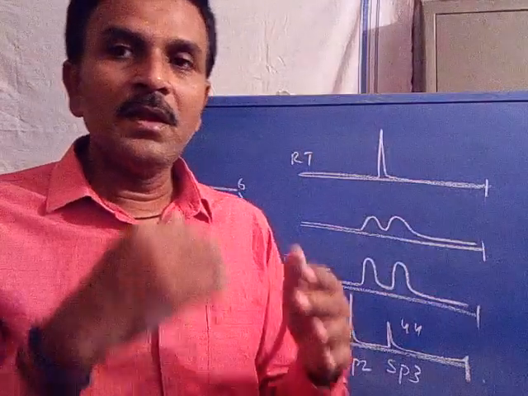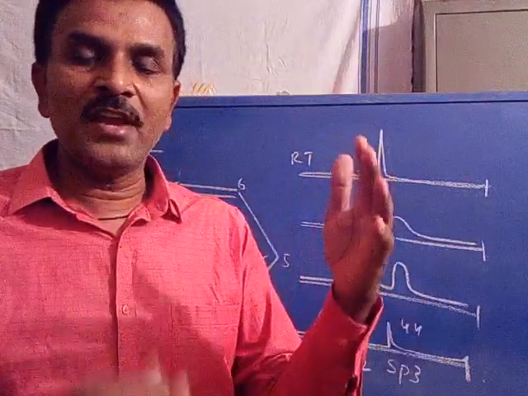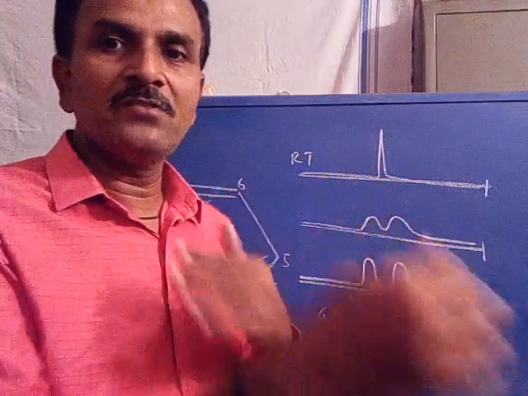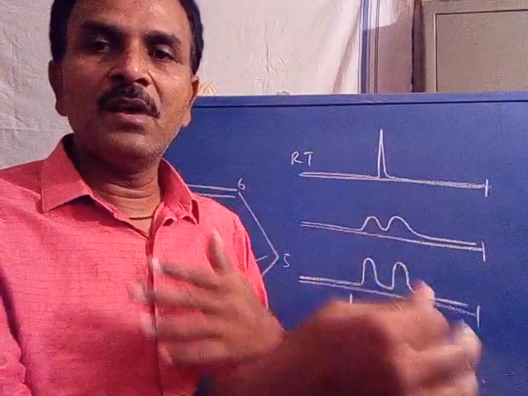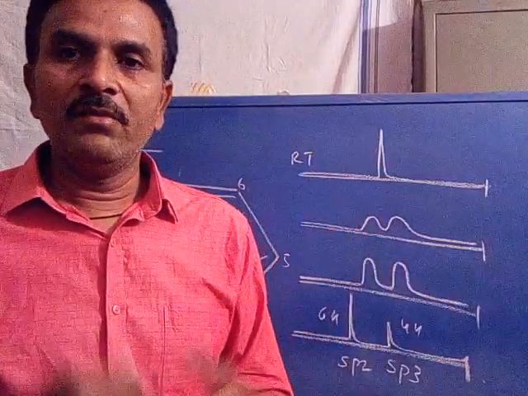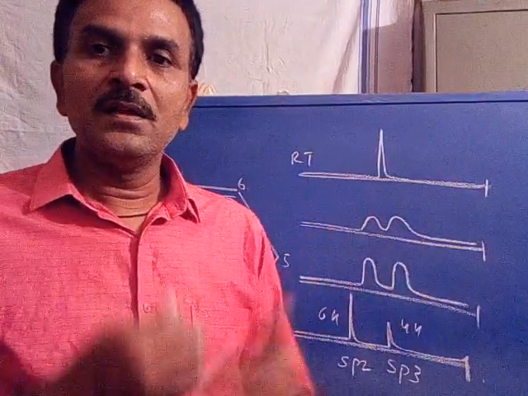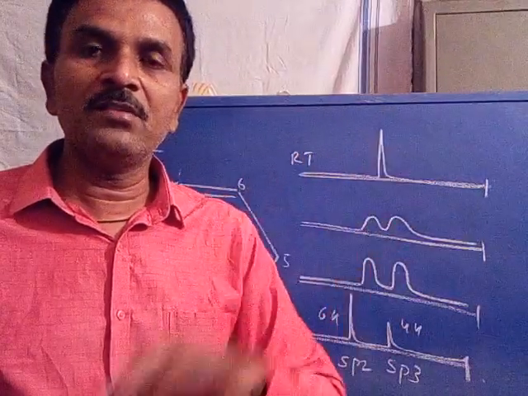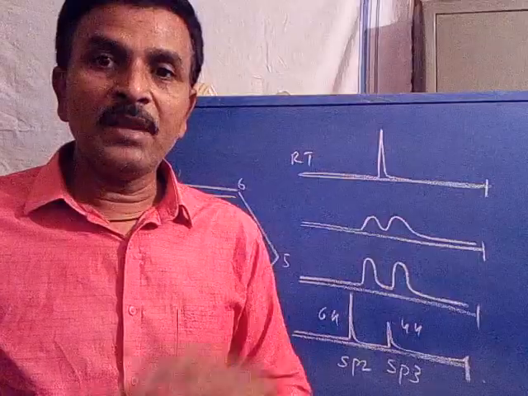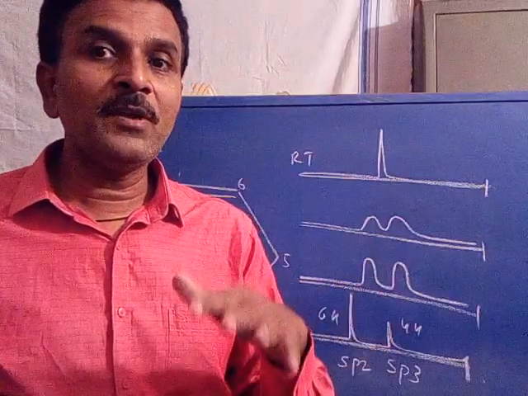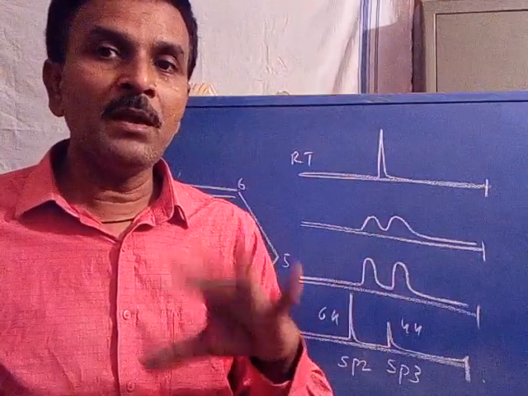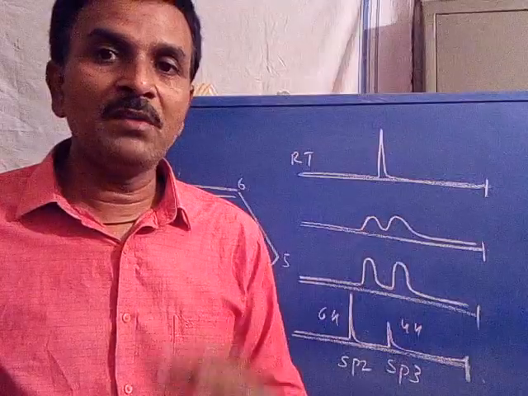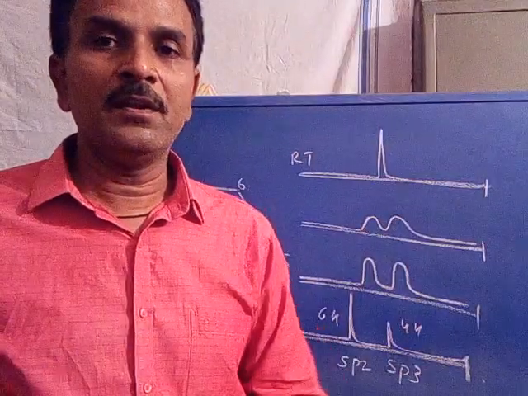As the temperature is decreased, what happens? The exchange between structure 1 and structure 2 is restricted. When the exchange is restricted, the protons are fixed on sp3 carbon and the protons are fixed on sp2 carbon, and they become non-equivalent.